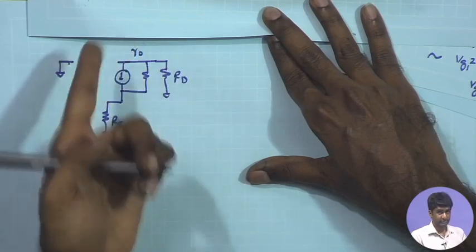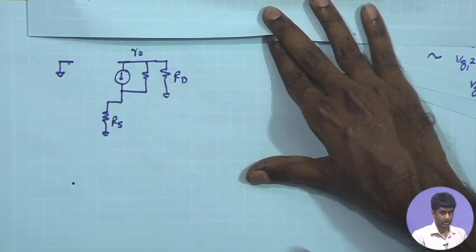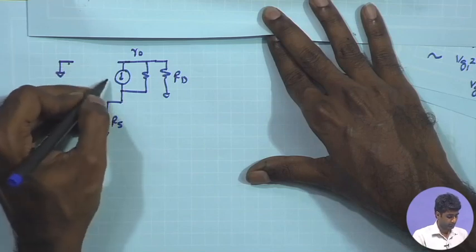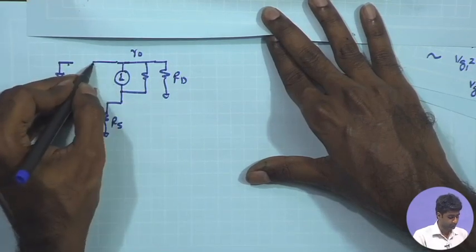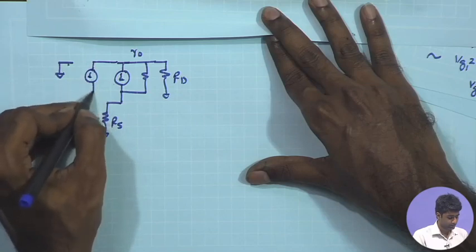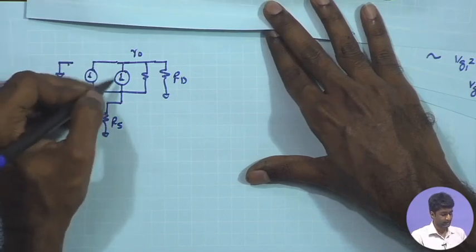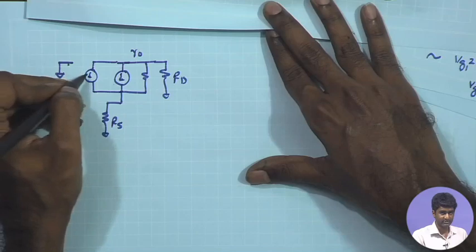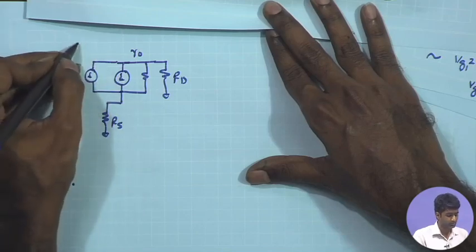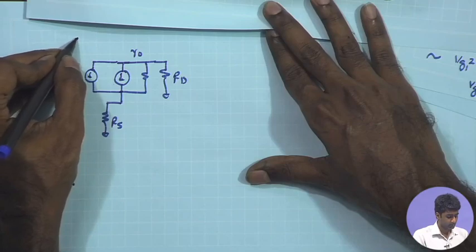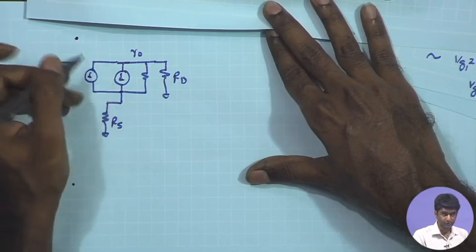We know that RD is much greater than RO, much greater than RS, and here you have the GM VGS definitely, and apart from that you also have the noise current, which is 4 kT gamma GM. It is not dependent upon the VGS, it is just a constant term which has some RMS amplitude, so you can call it some constant times GM.